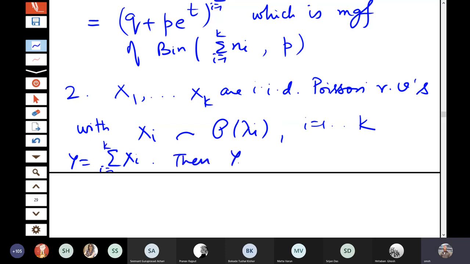Then y will again follow a Poisson distribution with parameter sigma lambda i. You can prove it in a similar way here.